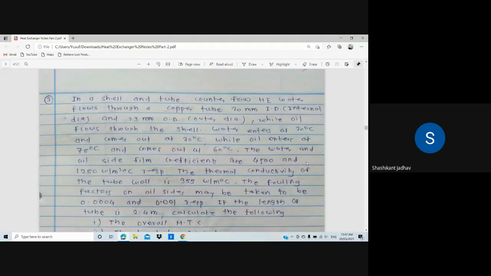First, the overall heat transfer coefficient, and second, the heat transfer rate.